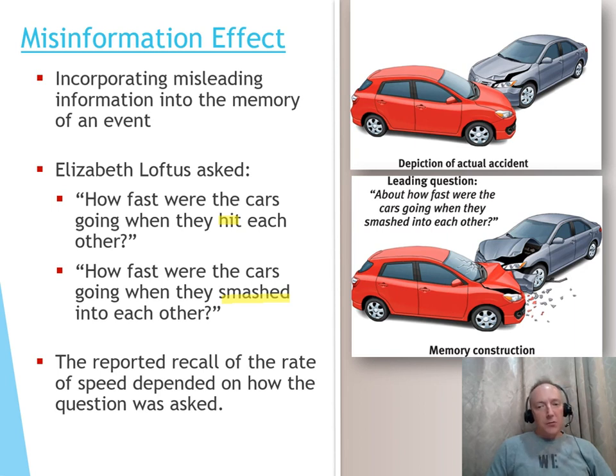They also insisted they remembered things that were not present in the original depiction of the accident, like more damage, like broken glass, none of which was in that actual accident scene, but would be consistent with a higher velocity impact. So one little word can influence how somebody remembers an event.